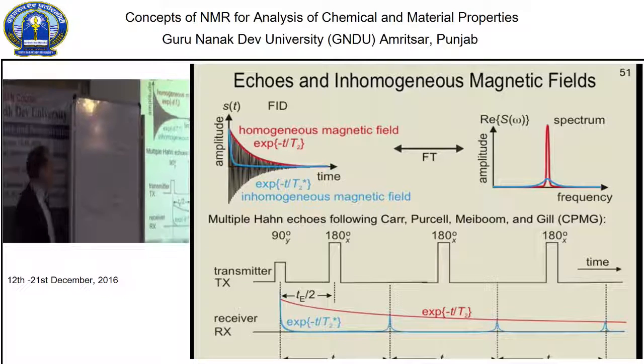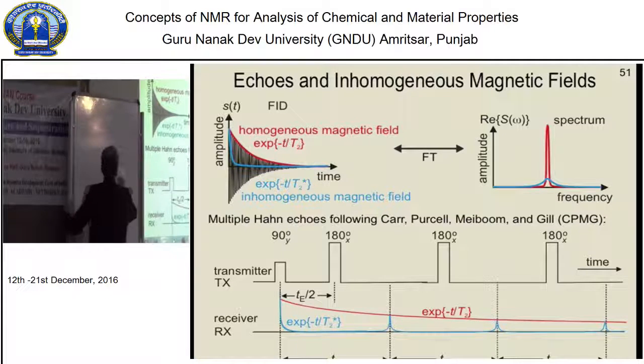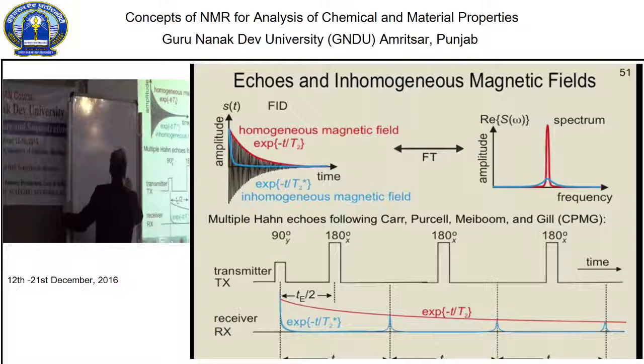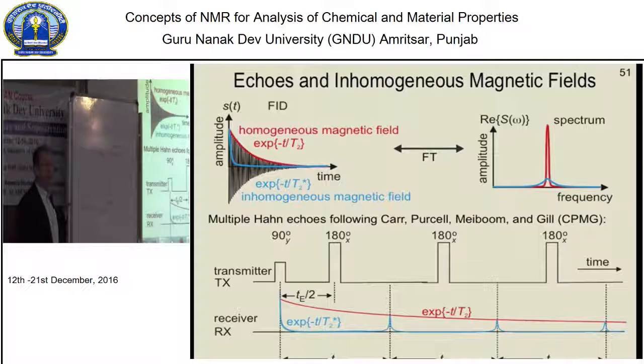If you're a little bit off resonance, you have a mismatch. Omega equals omega transmitter minus omega 0. And that mismatch gives rise to a residual magnetic field that still appears. If you're exactly on resonance, your magnetization doesn't seem to rotate, so there doesn't seem to be a magnetic field.